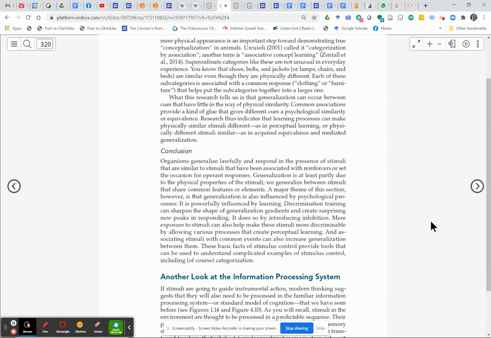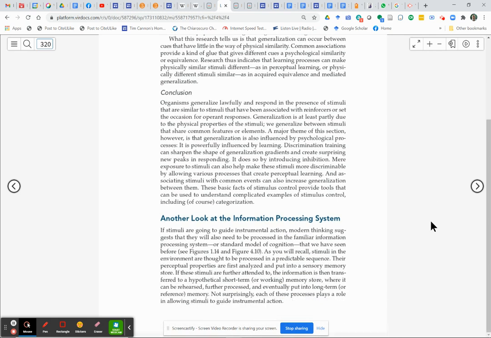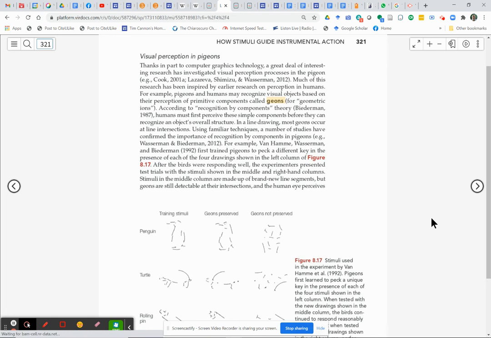There's a nice conclusion, and discriminability and exposure and learning. And then we get to information processing, and boy, is this cognitive. I was never a big fan of geons. This is the first time I've seen any research that makes me like it more.